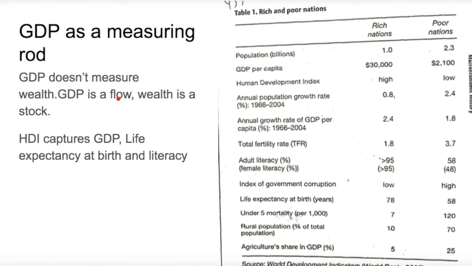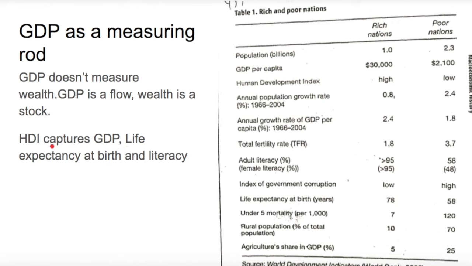You should also know that the United Nations introduced HDI, the Human Development Index, and we will be discussing HDI and how we calculate it in detail in the later parts of your course. The Human Development Index is considered a better measure of development, to use for comparison across different economies, rather than just GDP.